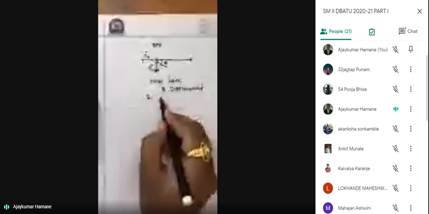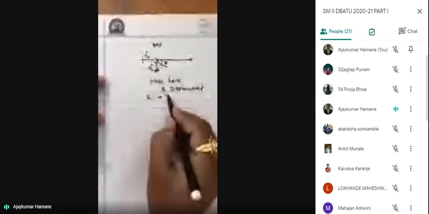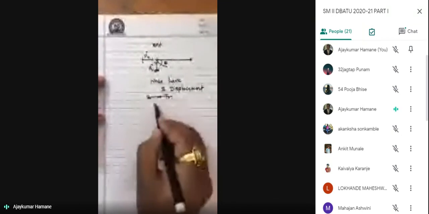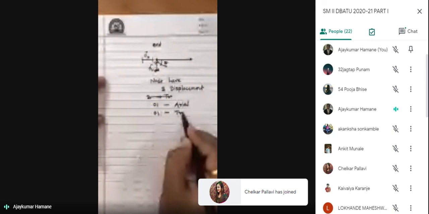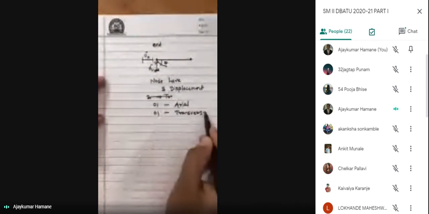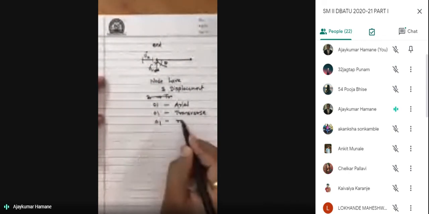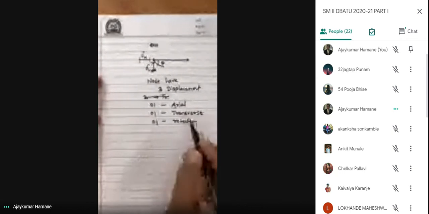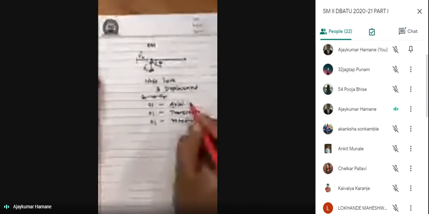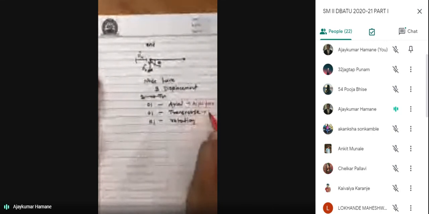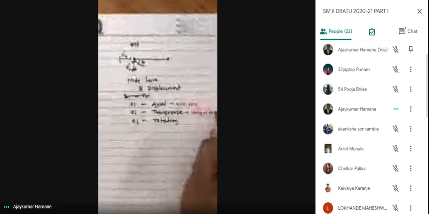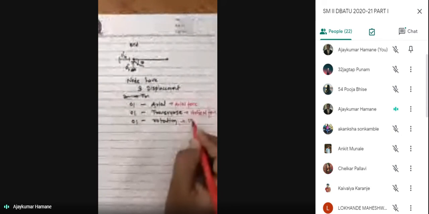One we call axial displacement, one transverse displacement, and one rotation. The axial displacement provides axial force, the transverse displacement provides the vertical force, and the rotation provides the moment.